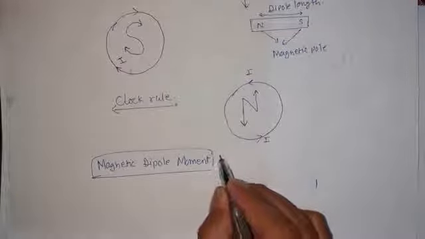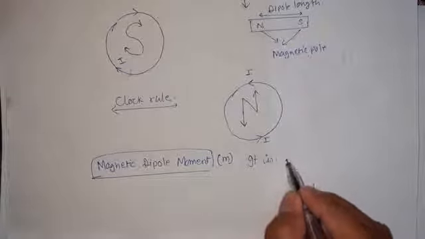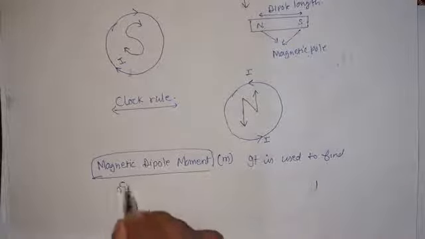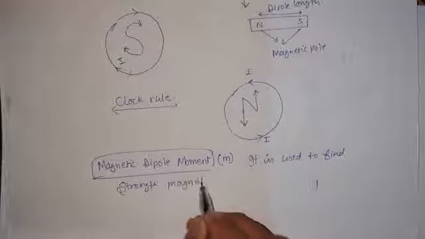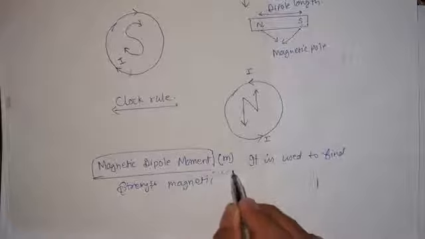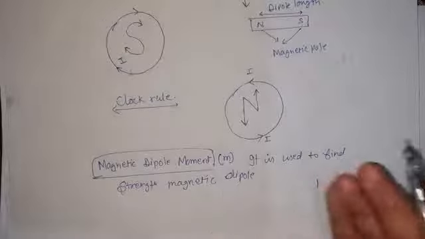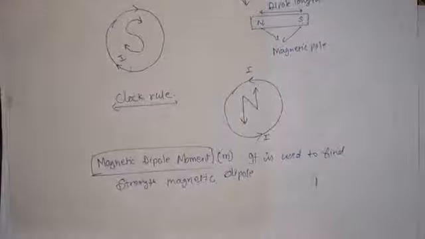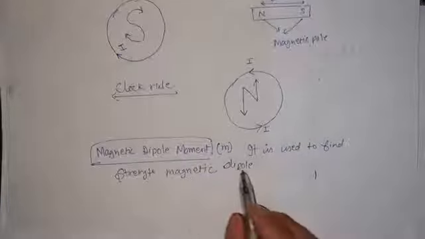This magnetic dipole moment is given by m, and it is used to find the strength of the magnetic dipole. It will help us know how much torque will act on that body if it is placed in an external magnetic field. So from this we can find out the torque that will act on it when it is placed in an external magnetic field.